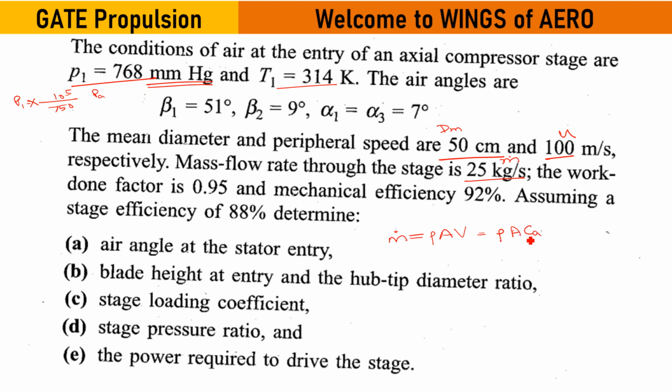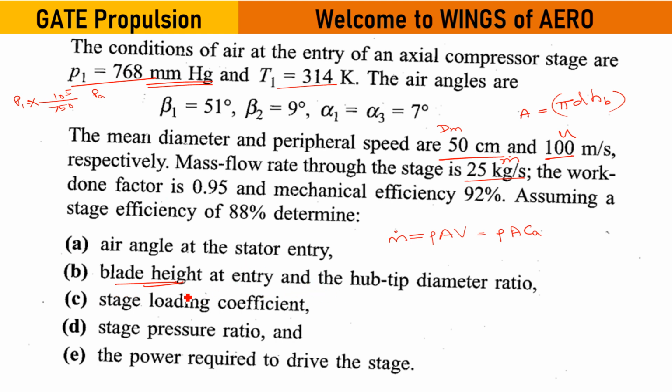Now what is A? They have not given the area here, but they have given the diameter. So can I write here area equals pi d h, the blade height, because they have used this hub, okay, they have used this blade height.